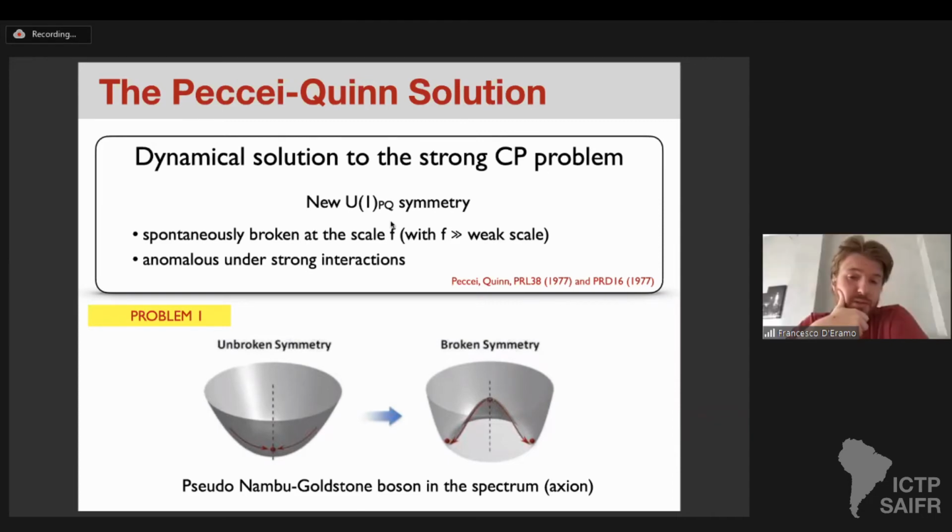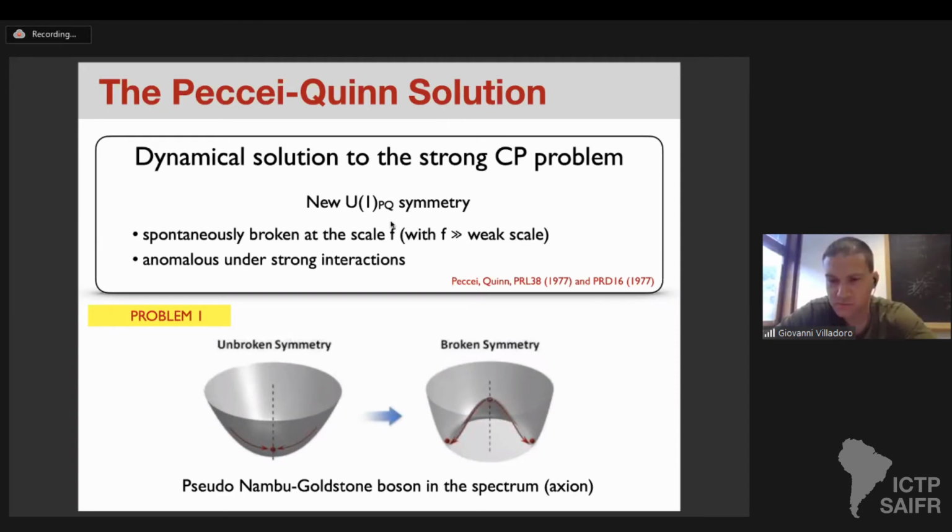There are other solutions where you introduce explicit breaking of the Peccei-Quinn symmetry, and these operators in the Lagrangian will be responsible for the decays of these domain walls. So there are solutions available, but in general, the domain wall problem is a serious problem of the post-inflationary case.